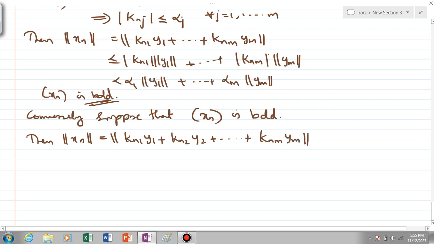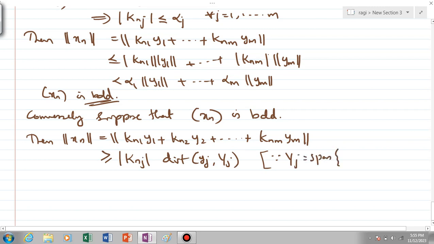This is greater than or equal to modulus of knj into the distance of yj from capital Yj, where capital Yj is the span, as we defined above, of y1, y2, etc., yj minus 1, yj plus 1, etc., ym.